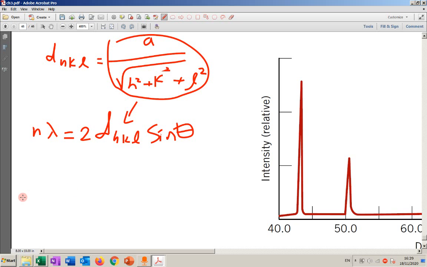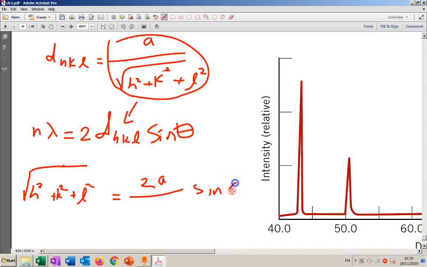So the root of H squared plus K squared plus L squared, the sum of the square of Miller indices, on one side will be equal to 2a sine theta over n lambda.